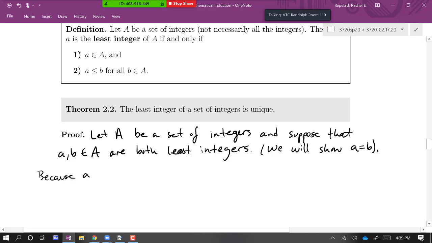Because A is a least integer, and using the second part of the definition, A has to be less than or equal to B. But B is also a least integer.